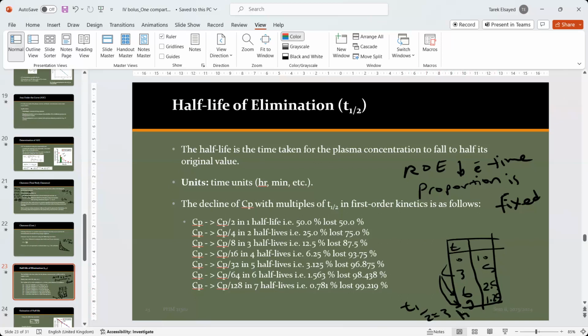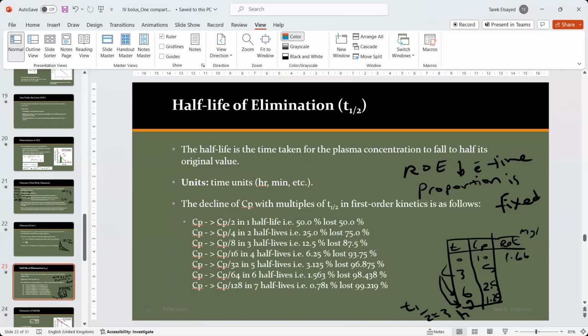Because all the time it becomes half its original value. Let's calculate the rate of elimination. Here in 3 hours, from 10 to 5 means 5 divided by 3 hours, so something like 1.66. Rate of elimination here, say the dose in milligrams, so the concentration in milligrams, so say milligram per.